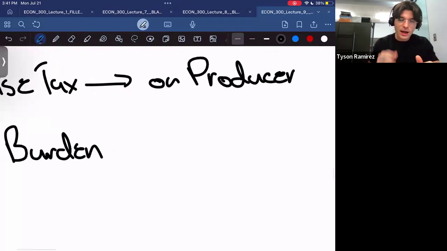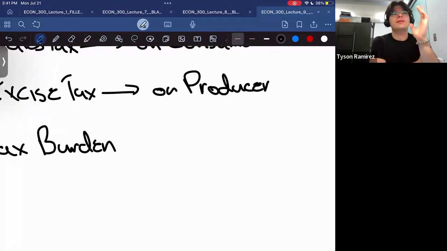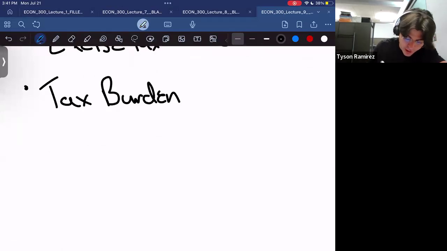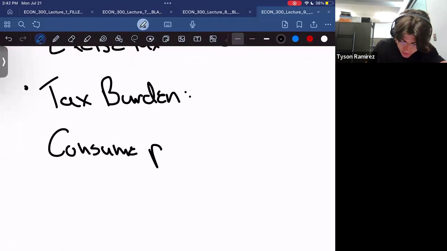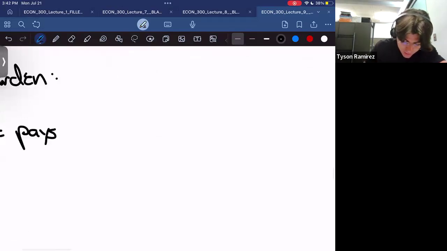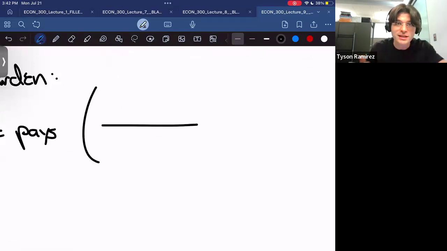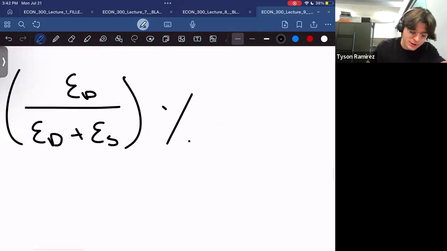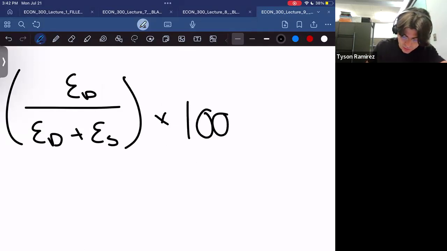So how do we, using economic theory, define who should pay what? We refer to it as tax burden. The consumer pays a fraction, so they pay a percent of the tax. How do we compose the fraction? We use elasticities, times 100%.